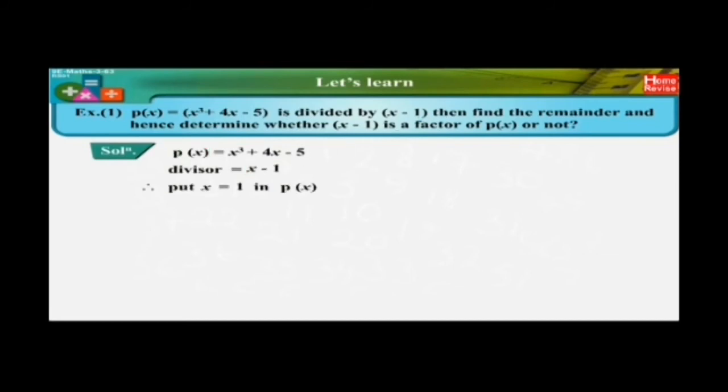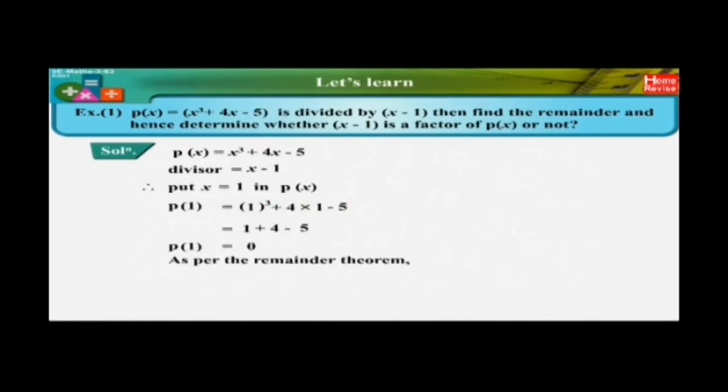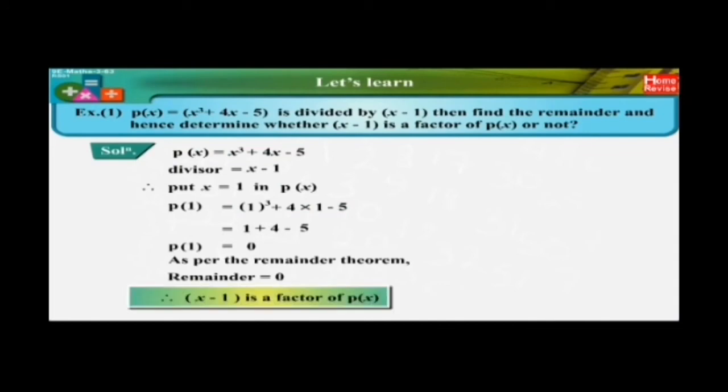Put x is equal to 1 in p of x. So P of 1 is equal to 1 cube plus 4 multiply 1 minus 5, which is equal to 1 plus 4 minus 5, which is equal to 0. Therefore, P of 1 is equal to 0. As per the remainder theorem, the remainder is equal to 0. Therefore, x minus 1 is a factor of P of x.